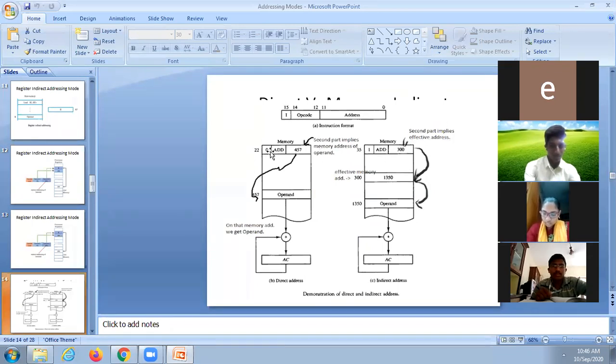Here it has only one operand. What about the other operand? The other operand is the accumulator, because the instruction itself shows add.